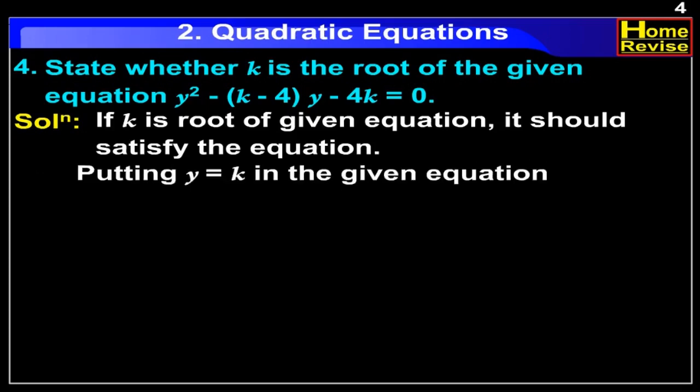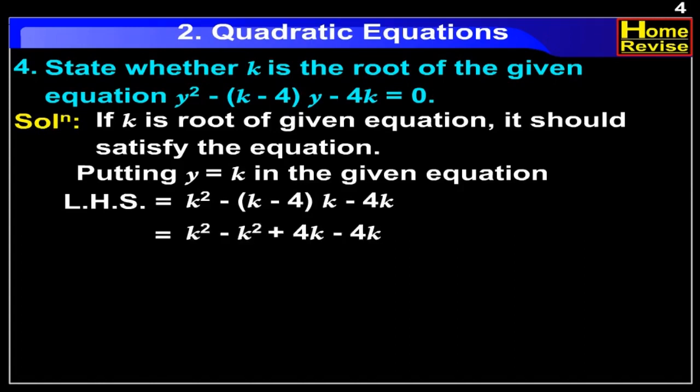Putting y is equal to k in the given equation, LHS is equal to k² minus (k minus 4) into k minus 4k is equal to k² minus k² plus 4k minus 4k.